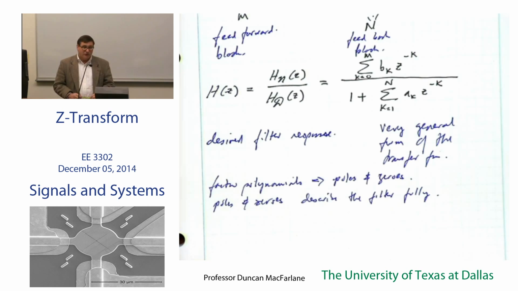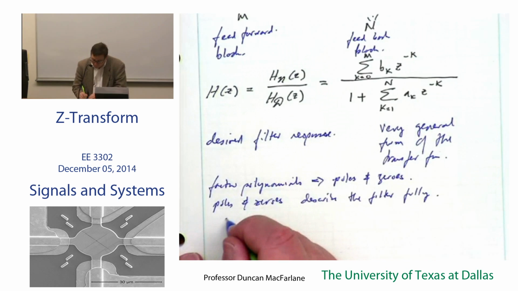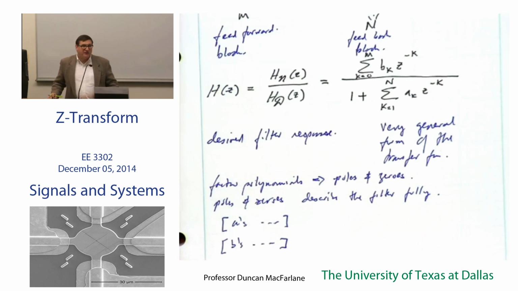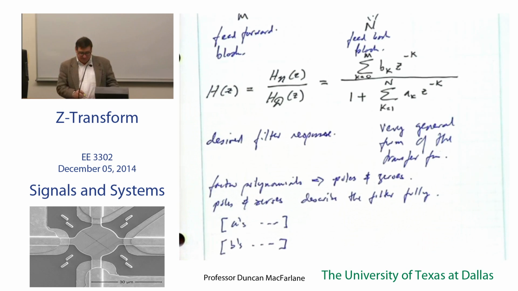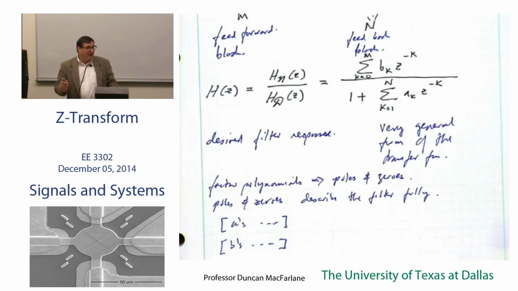Okay? So shorthand notations are a vector of A's and B's, a vector of the A's, just a set of numbers, 100 numbers if you want, 50 numbers if you want a 50-order polynomial in the denominator, 100 numbers here if you want it in the numerator. So just a simple vector can describe the entirety of this filter.